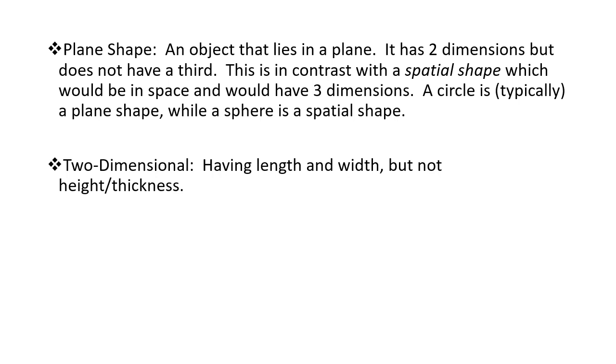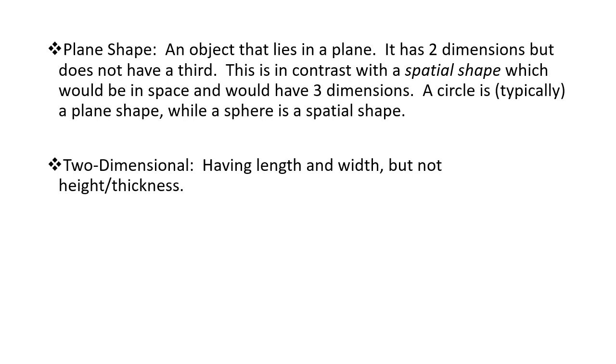Those are all planar shapes, but we can't draw a sphere on a piece of paper, at least not very convincingly. So those would not be planar shapes. We'll look at those a little bit, but those would be examples of spatial shapes. Those exist in space. So we could think of a circle as being a typically plane shape.